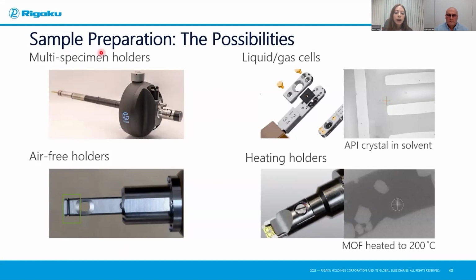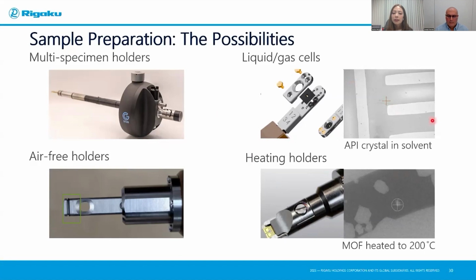Some of them are, we have other multi-specimen cryo holders. We can insert up to 3 samples at one time. There are air-free holders that you could move your holder into a glove box and prepare your sample in an inert atmosphere, seal it in that inert atmosphere, and then not open it until it's already within the vacuum of the diffractometer.